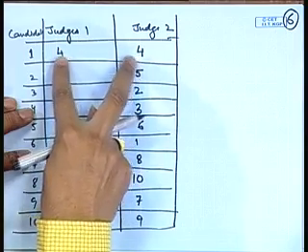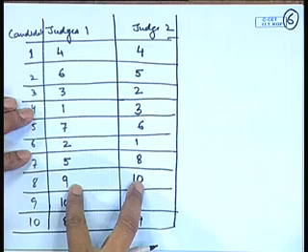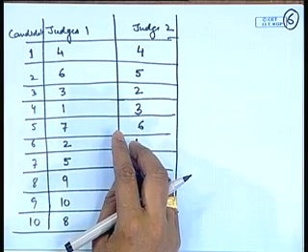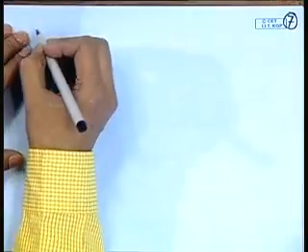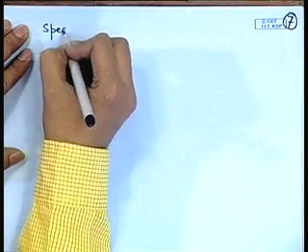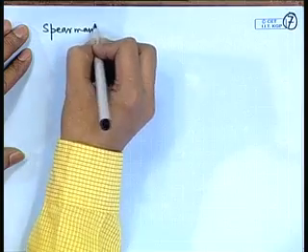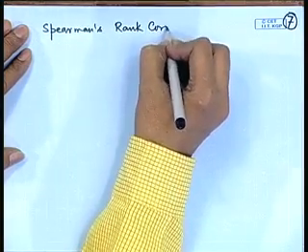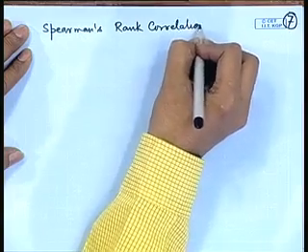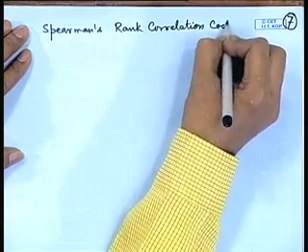So, in that case, it is beneficial to look at the ranks and the correlation between these ranks. So, there is a procedure, or you can say a term called Spearman's rank correlation coefficient, which is introduced for this purpose.